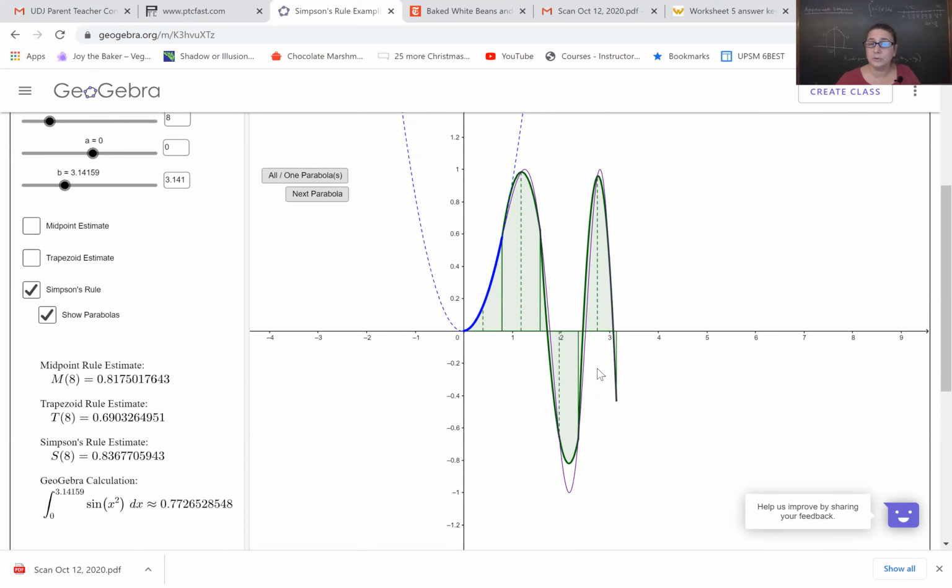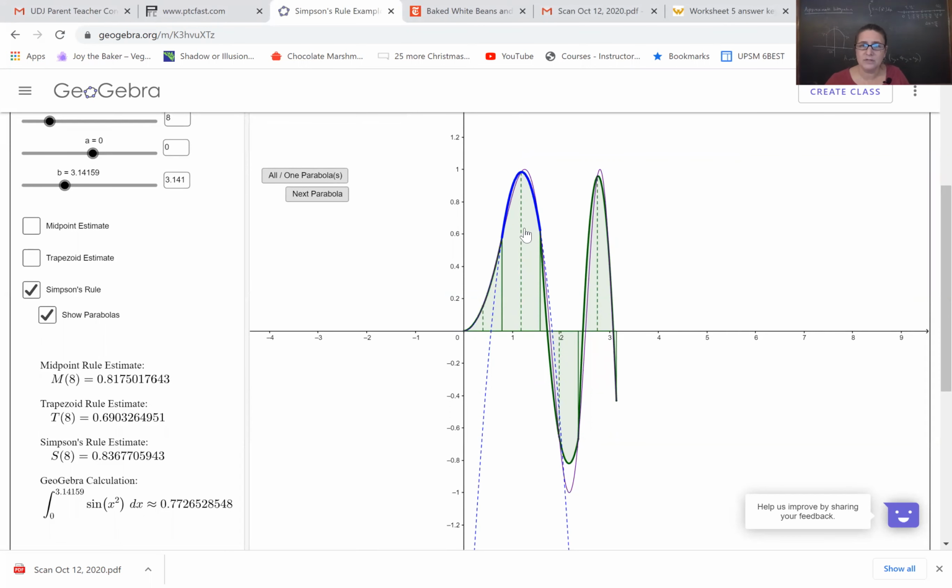So what we're going to do, very much the same as we did with the trapezoidal rule, is add up all these parabolas. Each of these parabolas has the area underneath it given by this formula, y0 plus 4y1 plus y2. But the same thing is going to happen as with the trapezoidal rule. This one on the end is y2 for this first parabola, but then it's y0 for the next parabola.